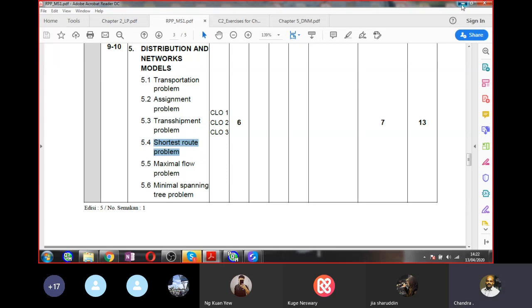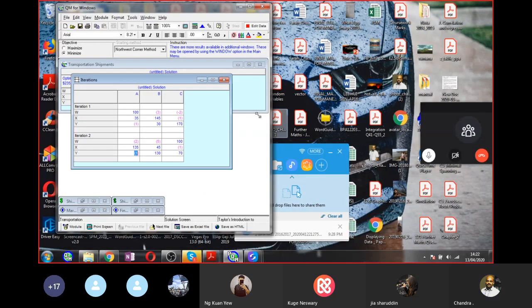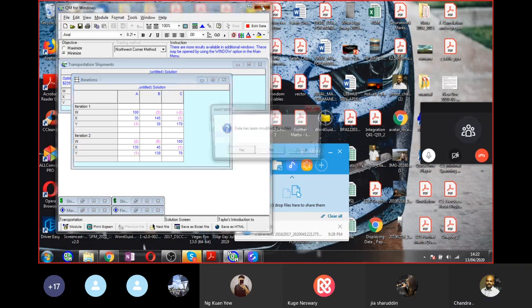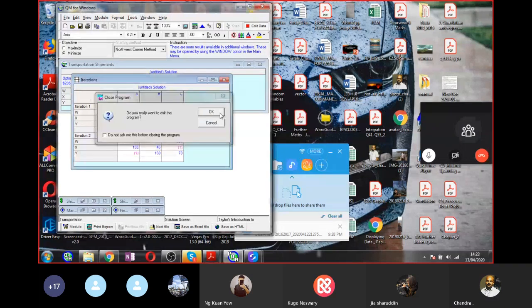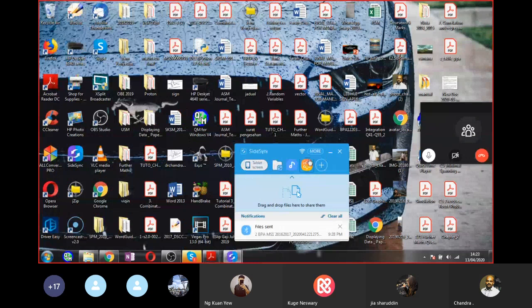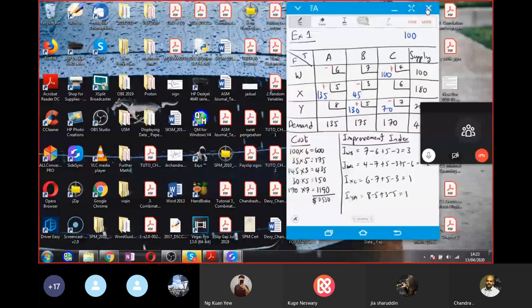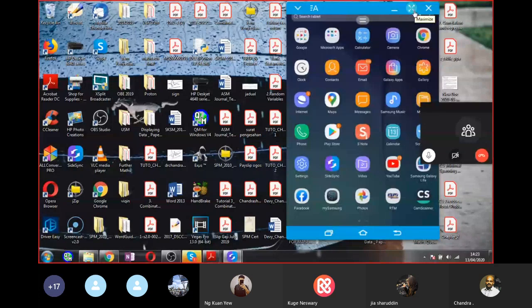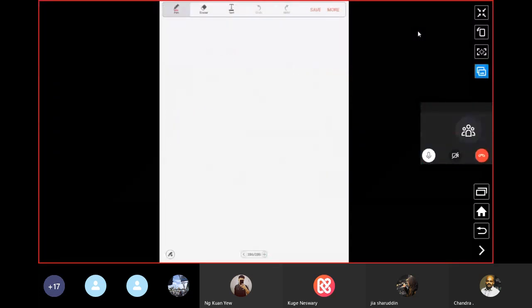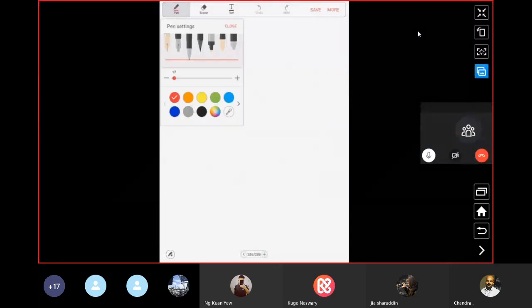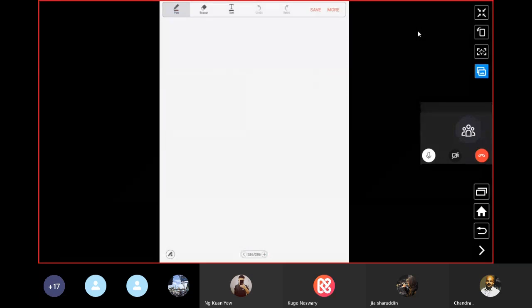Let me close this. Shortest route problem.